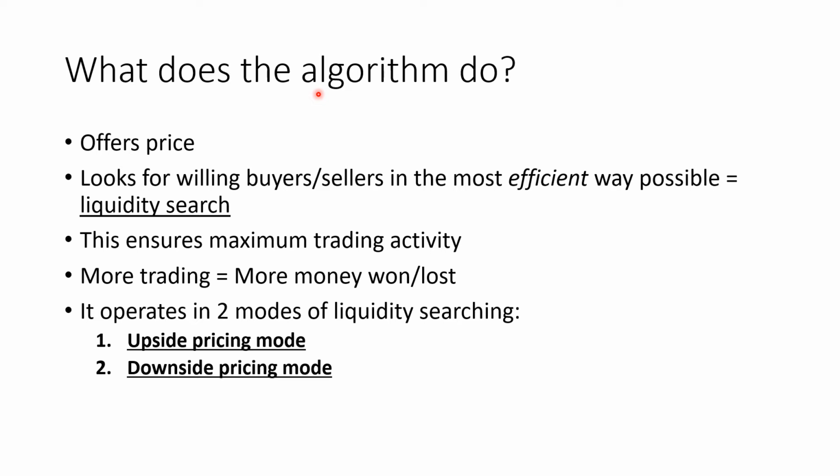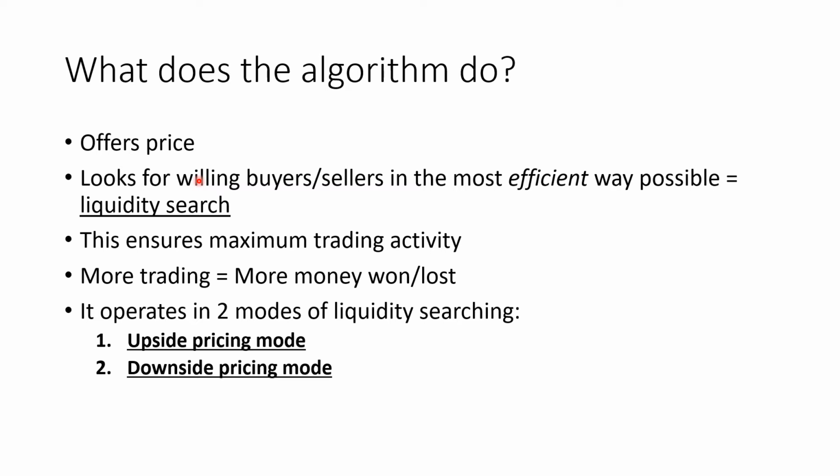So what's the algorithm doing in its price offering situation? Well, it's looking for willing buyers and sellers. And it's not only looking for willing buyers and sellers, but it's looking for them in the most efficient way possible. So what are we going to call this? We're going to call this liquidity search. So for now, we have established that the algorithm offers price, and the way it offers price is by looking for liquidity.